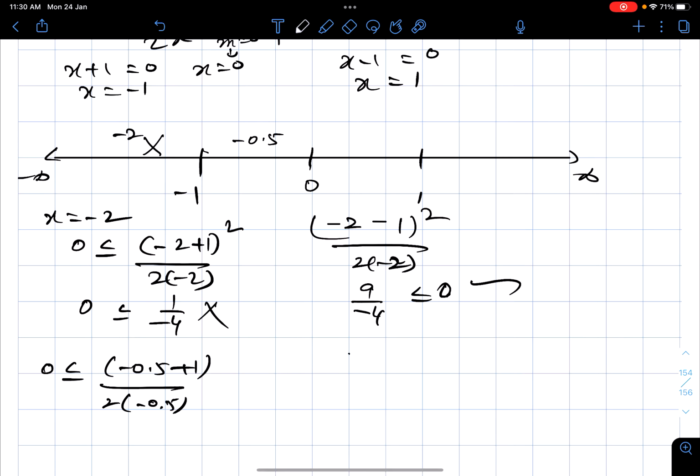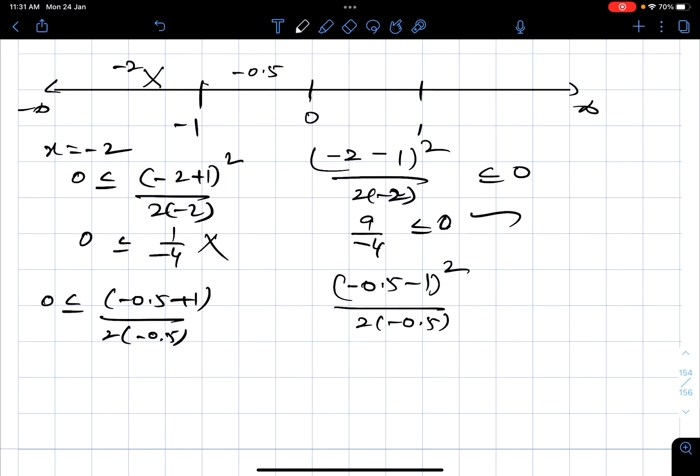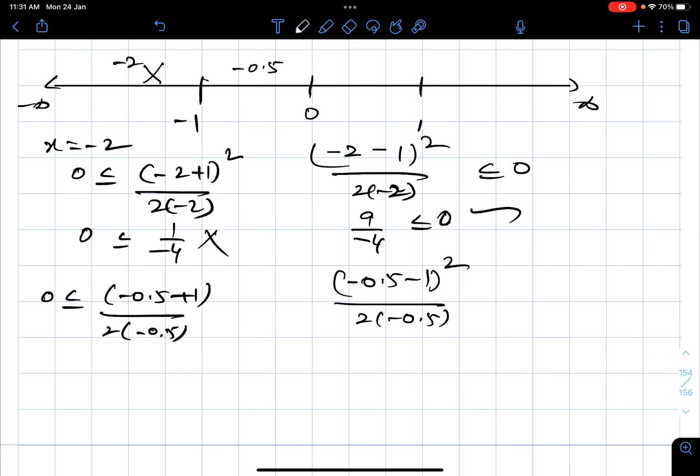And here (minus 0.5 minus 1) the whole square by 2 into minus 0.5, which should be less than or equal to 0. Here you will get the square again, 0.5 square, but it is again going to be less than or equal to negative. So this is also wrong. 0 is not less than negative, this is wrong.